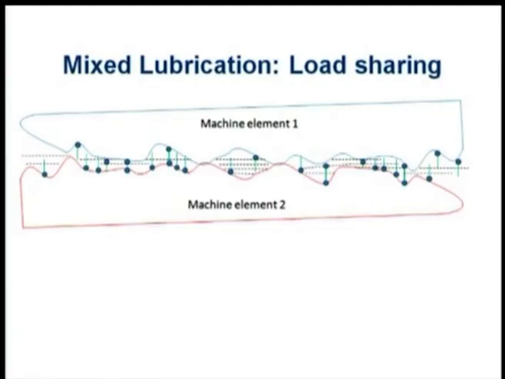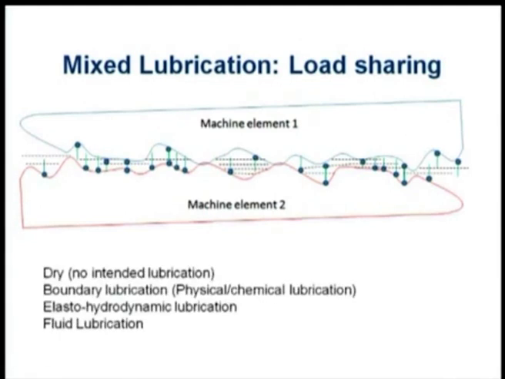There is partly dry contact, there is boundary lubrication, there is liquid or fluid film lubrication, or if there is a relative velocity, then it will be called hydrodynamic lubrication, and there is a possibility of elastohydrodynamic lubrication. So, you can say there is dry contact, boundary lubrication, elastohydrodynamic lubrication, and fluid film lubrication. If I mix all together, that makes mixed lubrication, and that was shown in the previous slide.